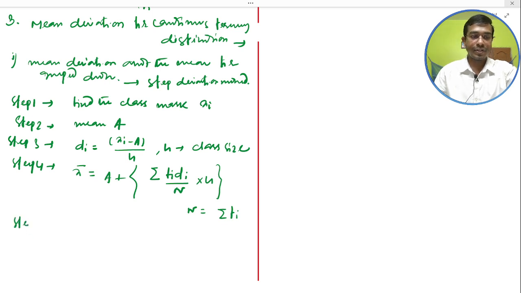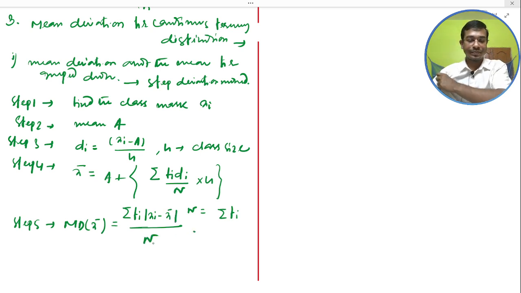Step 5: calculate the mean deviation about the mean x bar, which is the summation of fi times the mod of xi minus x bar, divided by N. This is the final outcome.